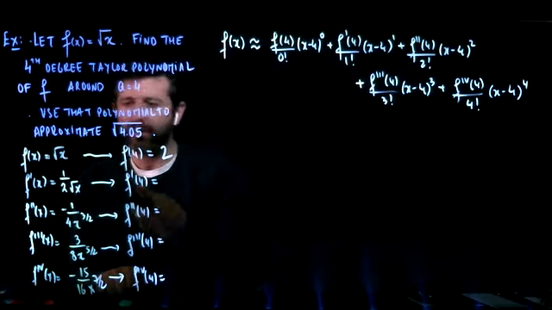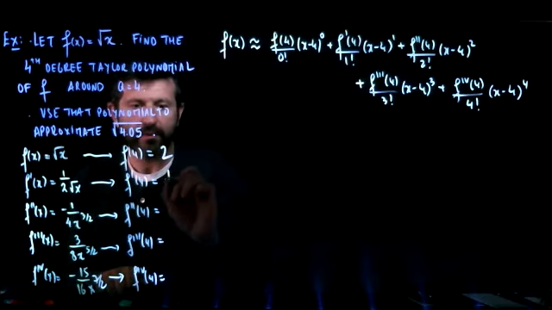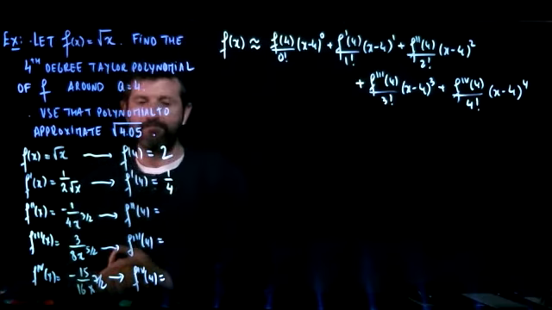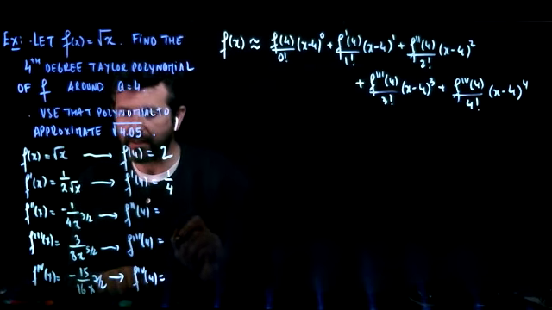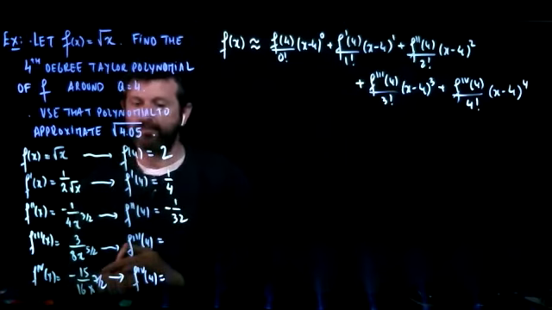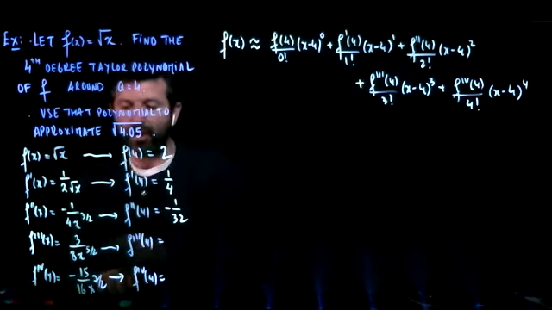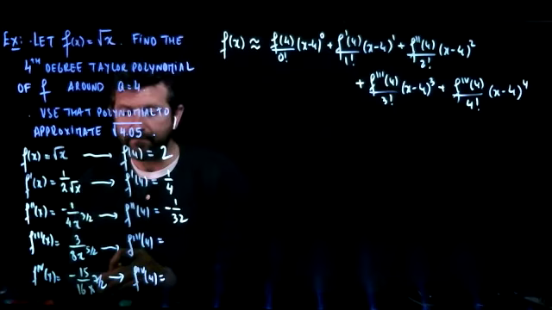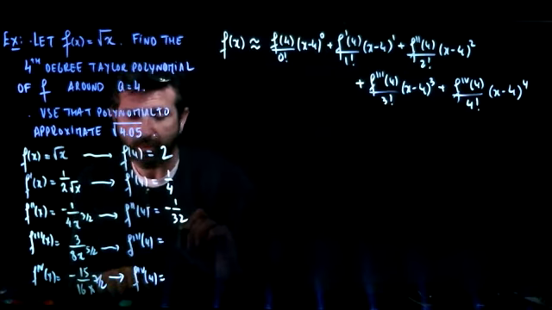F prime of 4, plug in 4 here, you get a quarter. Easy. F double prime of 4, plug in 4 here, you get negative 1 over 32. Plug in 4 here: 32 times 8 is 256, so 3 over 256.